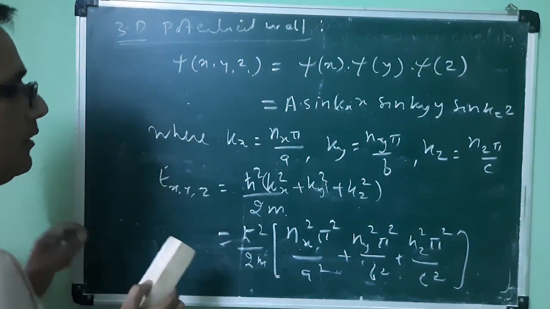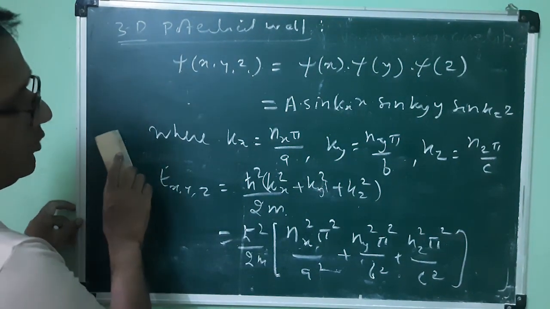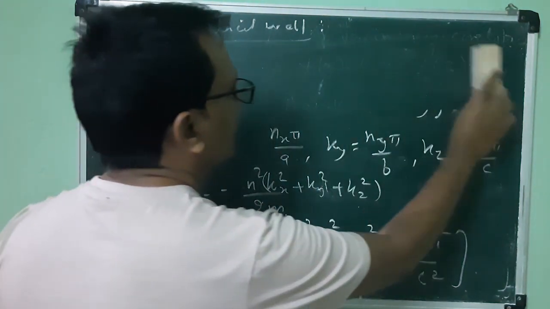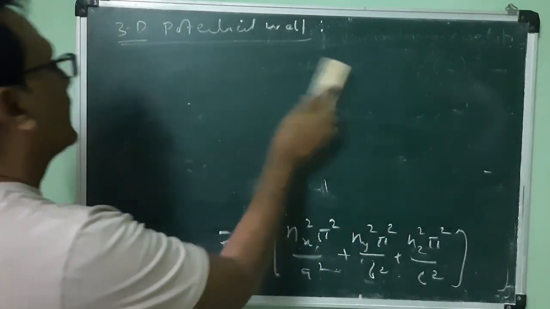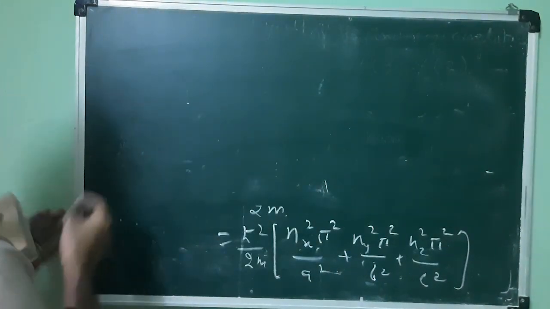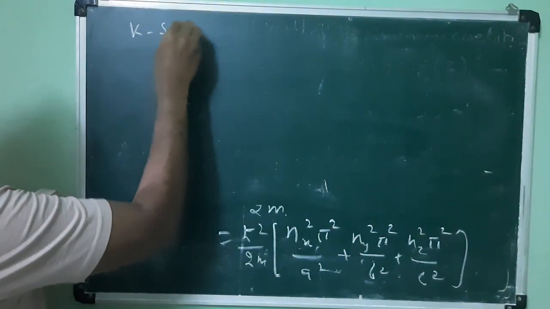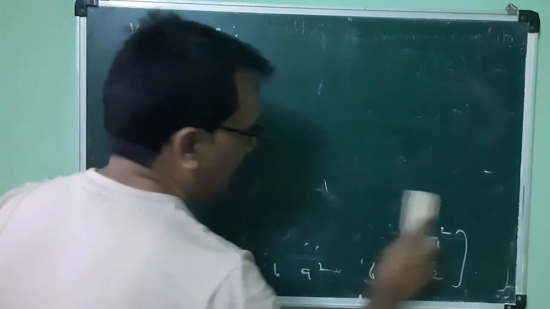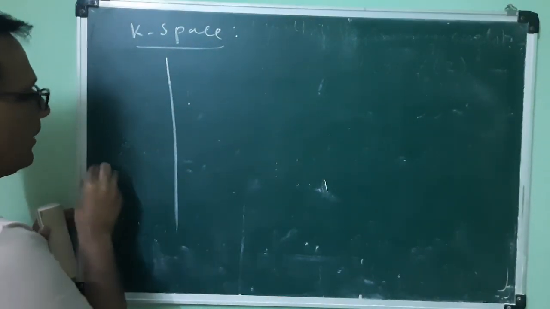So here we use one concept known as the concept of k space. In place of a particular direction, we use the concept of k space, because in the one-dimensional case we have discrete levels like this.